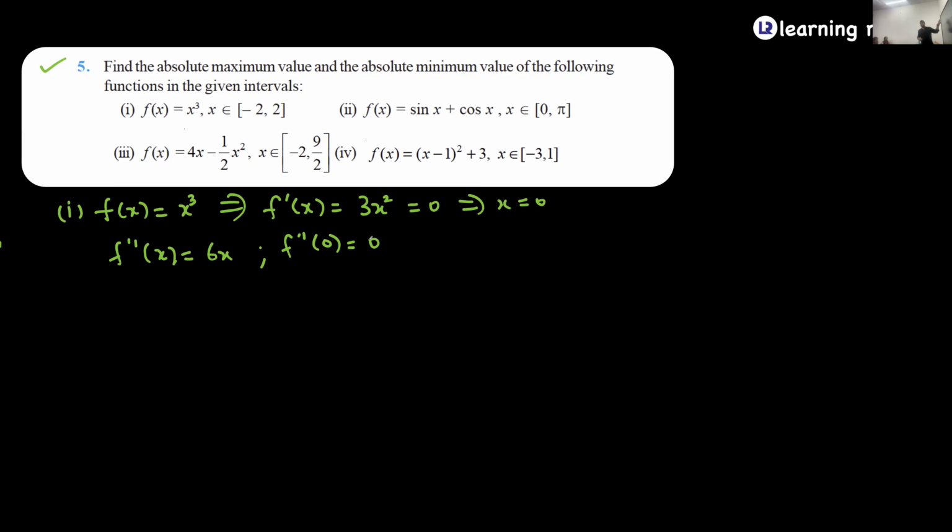So in these kinds of problems where in the domain you have a closed interval, you need to check what the function value is at the extremes also. If I check the value of f of -2, it comes out to be -8, and f of 2 comes out to be +8. So this is going to be the maximum value, and this is going to be the minimum value.